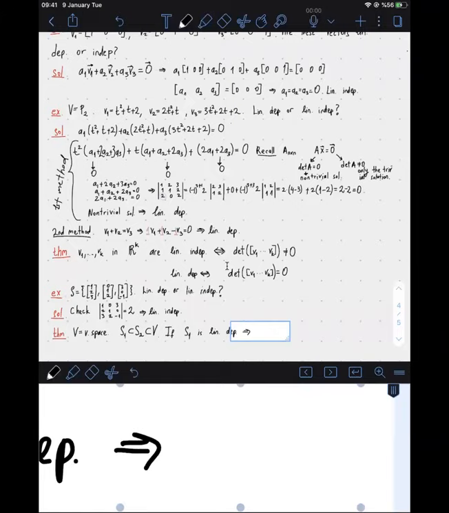Yes, Parish, it will still be linearly dependent. Adding more vectors to a linearly dependent set still gives a linearly dependent set, because some of the vectors in S1 are redundant, and if I add more vectors, they will still be redundant. So if the smaller set is linearly dependent, then the larger set is linearly dependent.